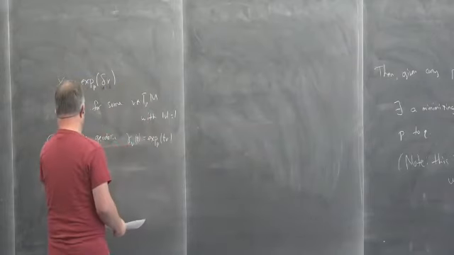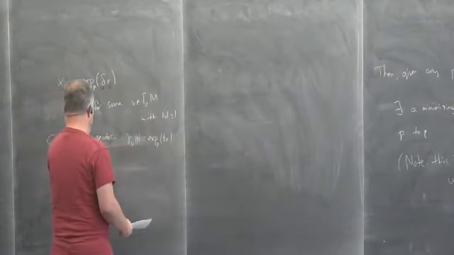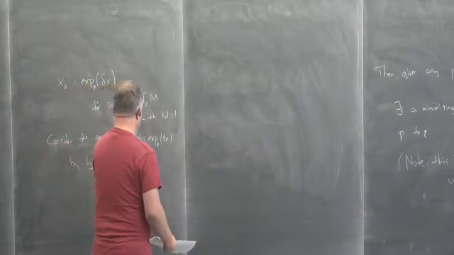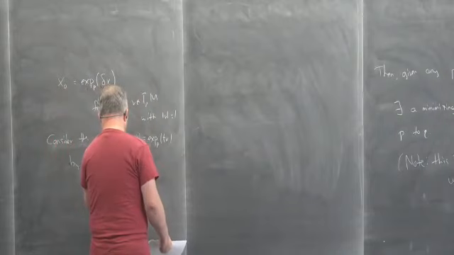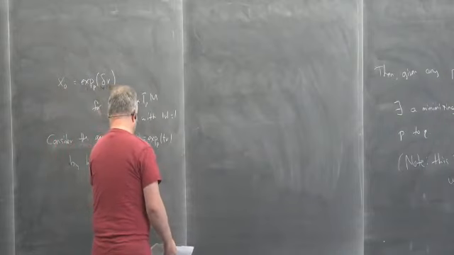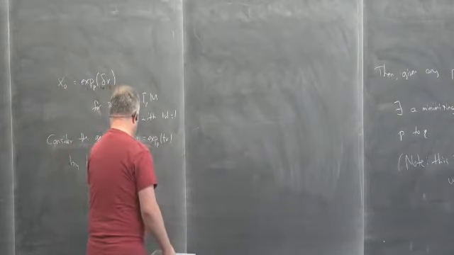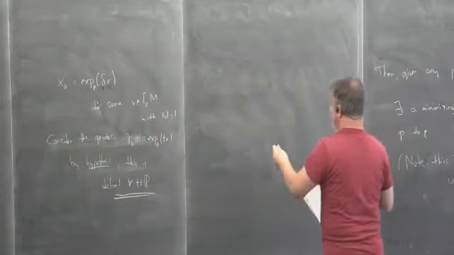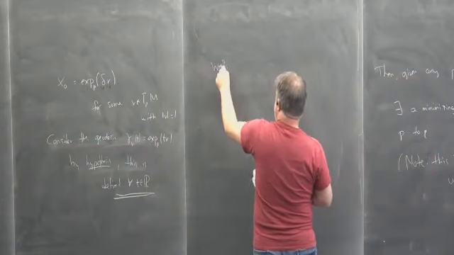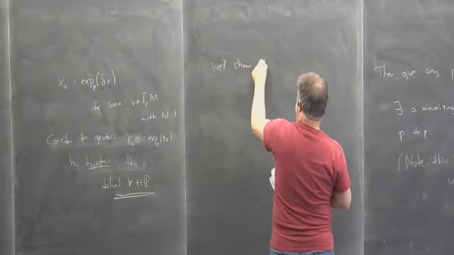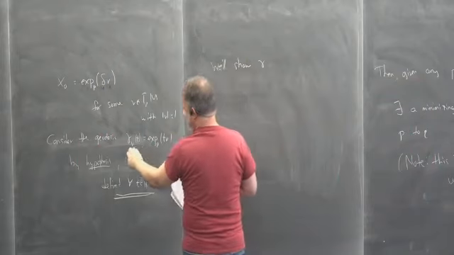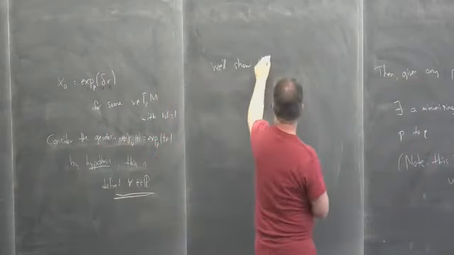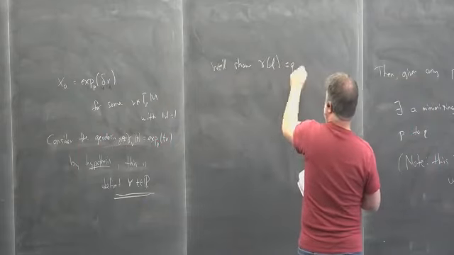So by hypothesis, this is defined for all time. This is where we use the geodesic completeness. Okay, so we'll show that gamma, let's just call this gamma, so I don't keep writing gamma sub v. We'll show that gamma of L equals Q.